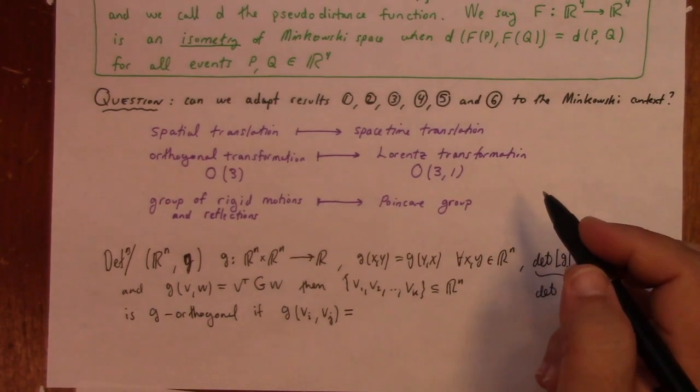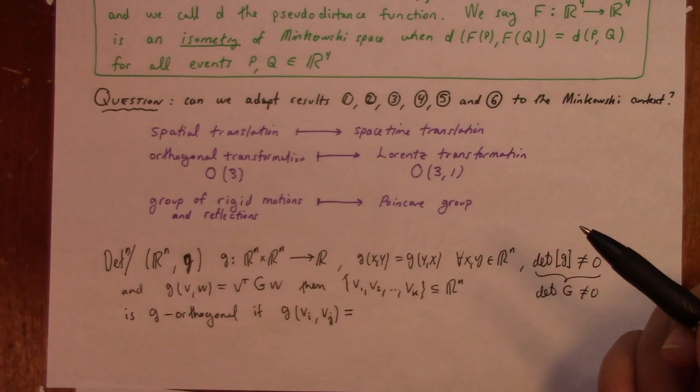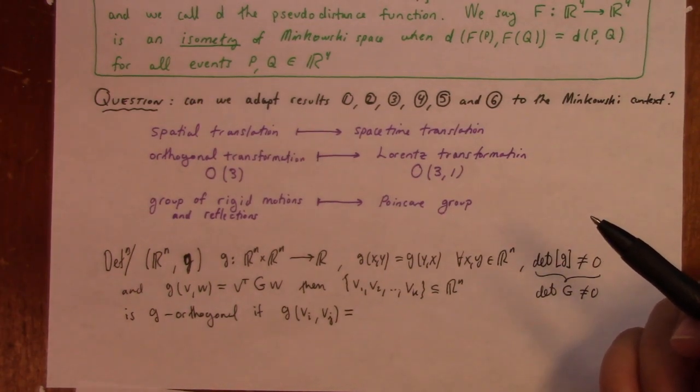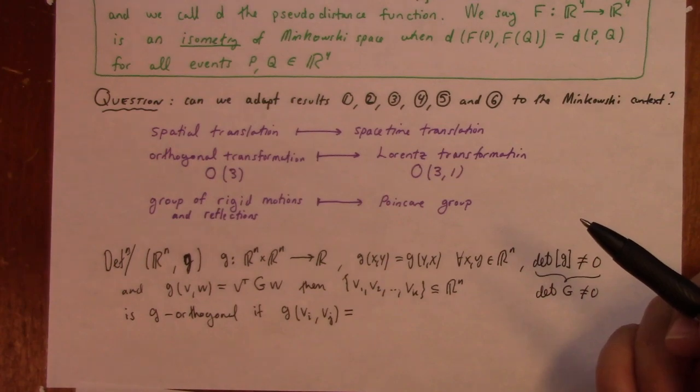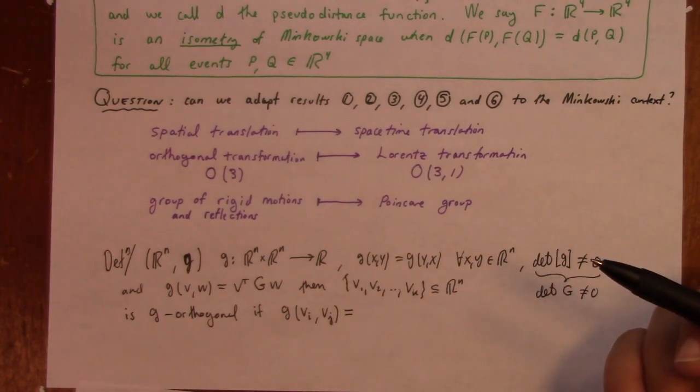If it was just regular orthogonality, we would have just the Kronecker delta ij.